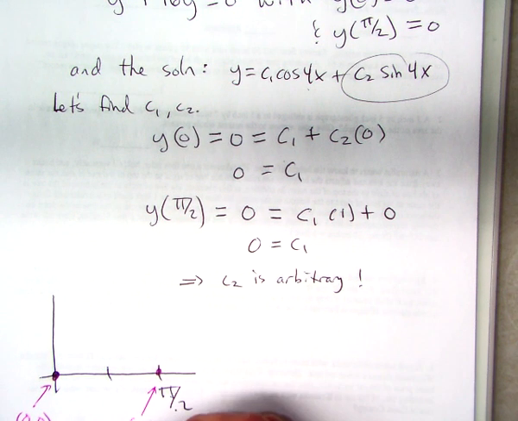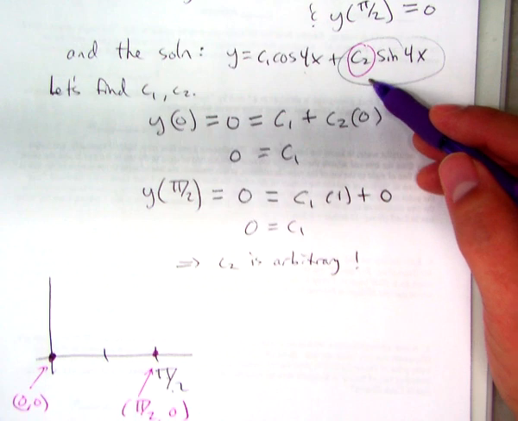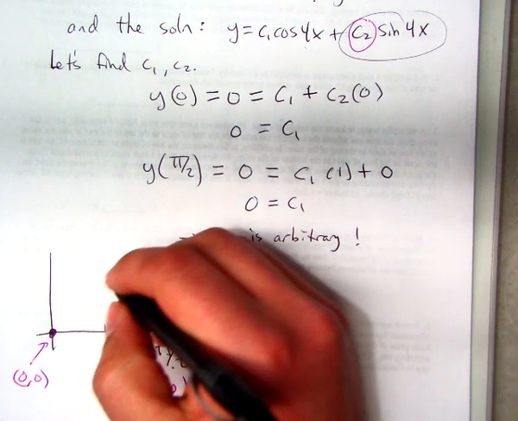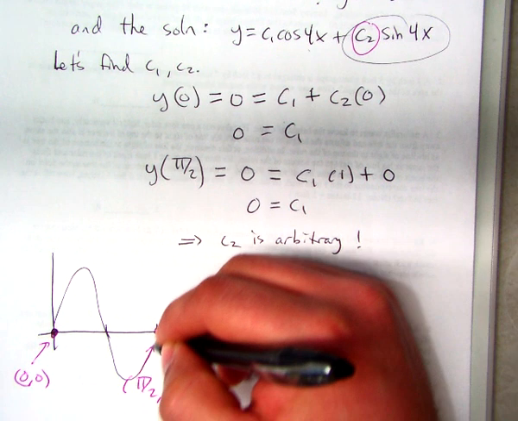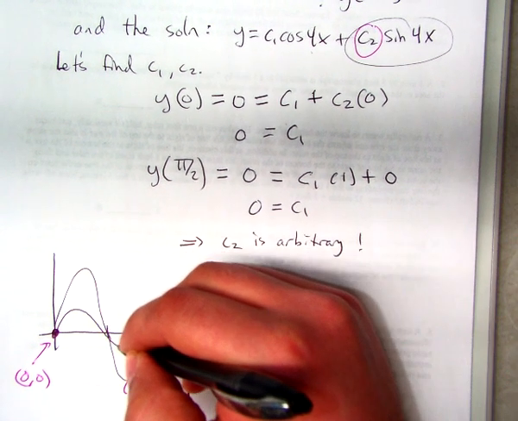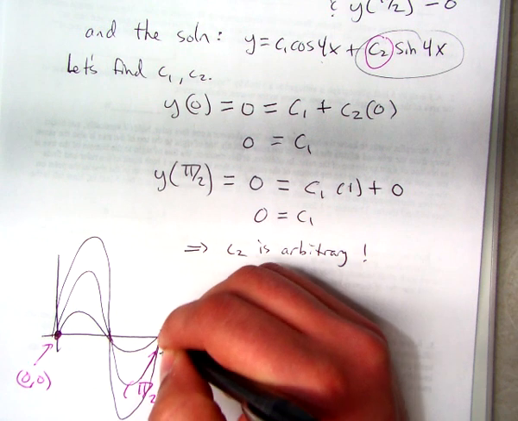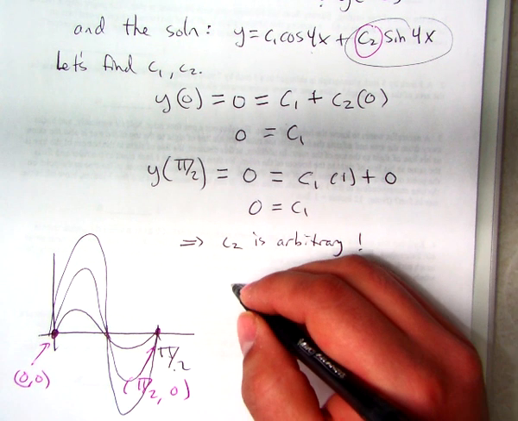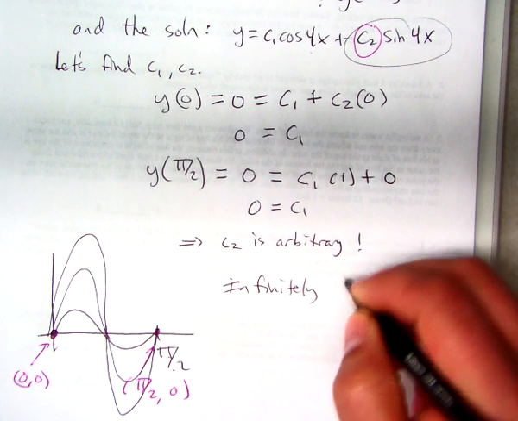Here is pi over 2, 0. So these were the boundary conditions. And now obviously, what is the C2 effect for the sine graph? Amplitude. So we can vary that, and we're still going to meet those conditions. So we have several options here. So in this case, we say that there are infinitely many solutions.